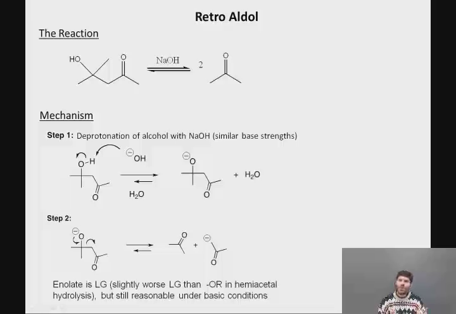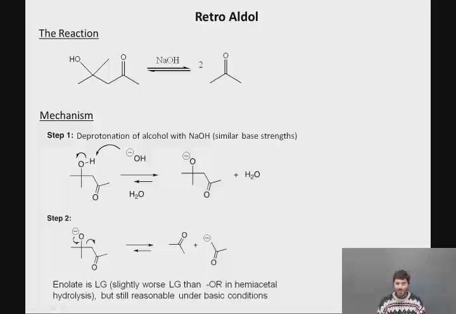We don't usually think of a carbon as being a reasonable leaving group. The only reason it is in this case is because the minus charge is being put onto a carbon that's alpha to a carbonyl, and it's an enolate, and we've already talked about why enolates are more stable.